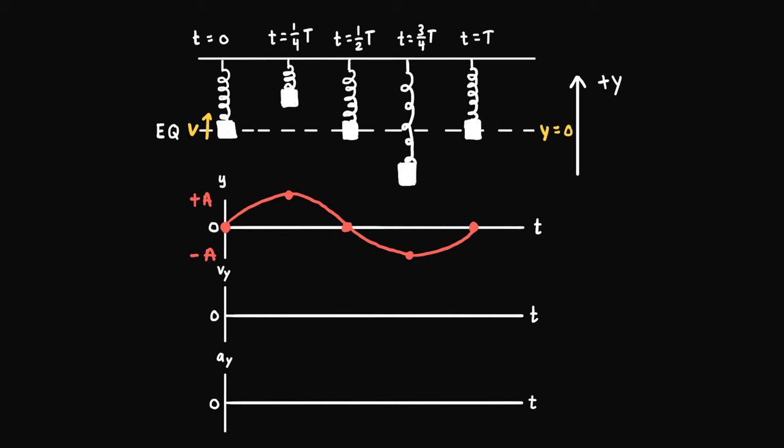Next, I'd like to look at the graph of the velocity of this object as a function of time. And when I look at t equals 0, I see that the velocity of the object is positive because it's moving upwards.